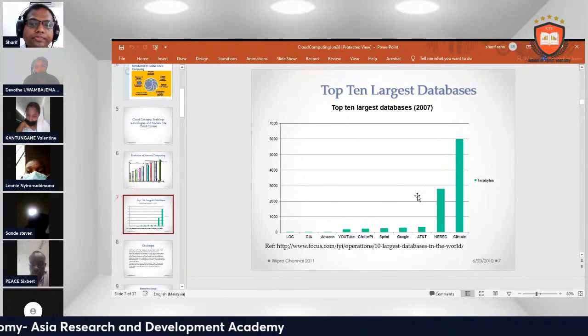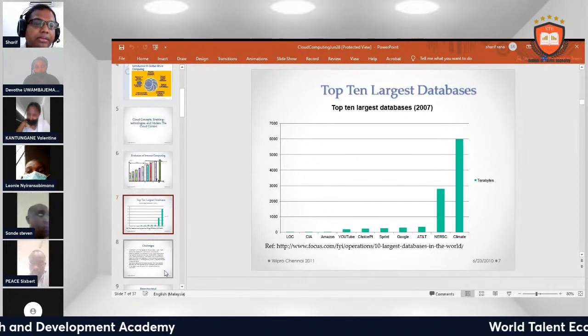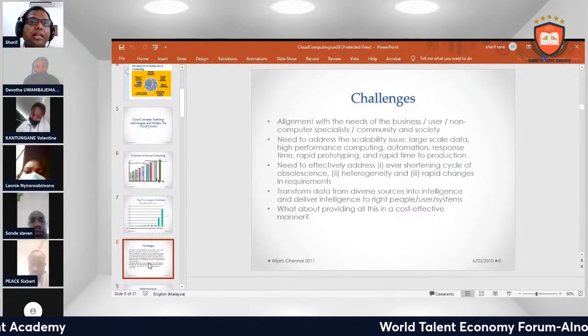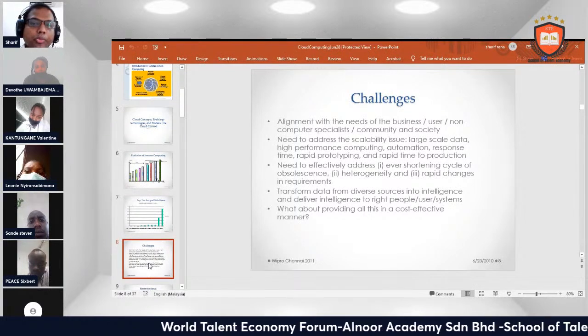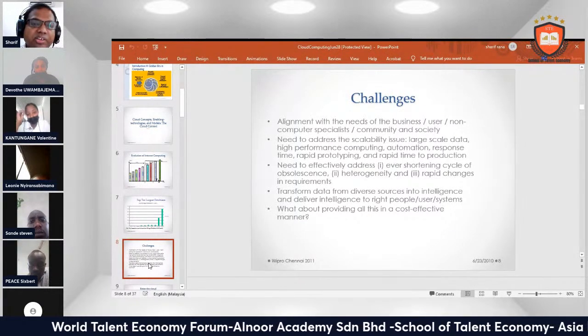These are the largest databases at present. Challenges: alignment with the needs of the business and users, non-computer specialists, communication and specialty.